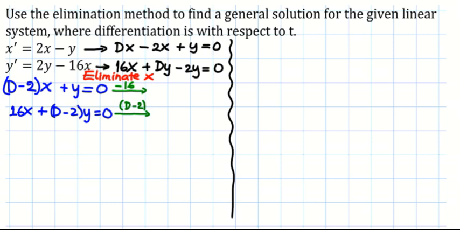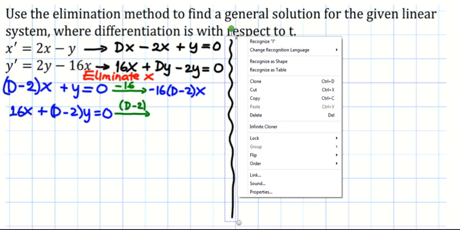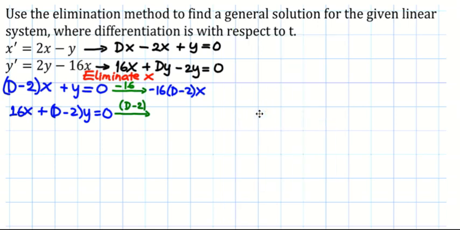Doing that, I will get negative 16 (d minus 2)x minus 16y equal to 0.